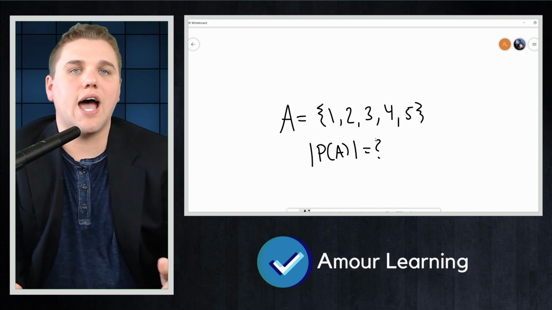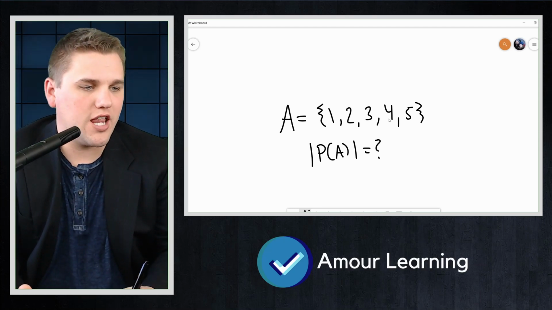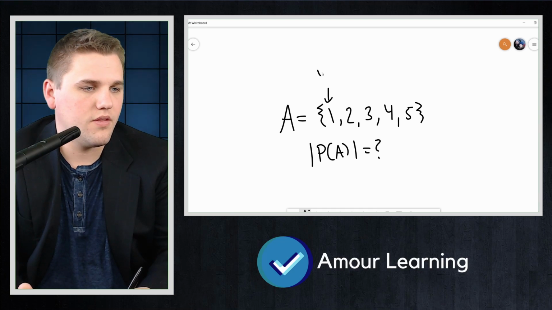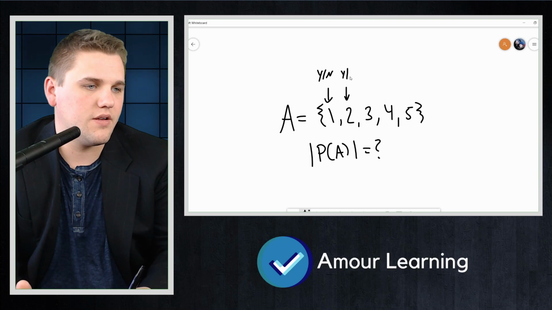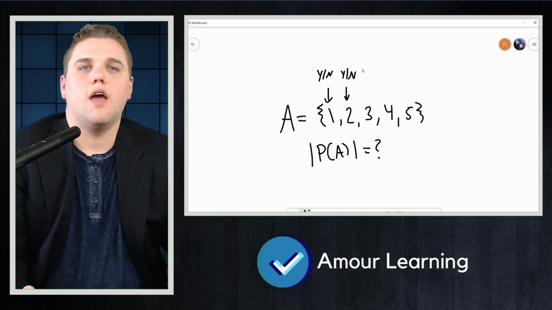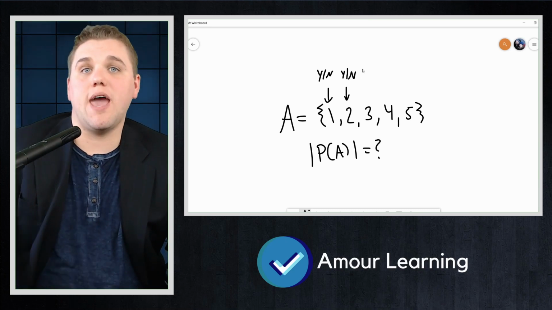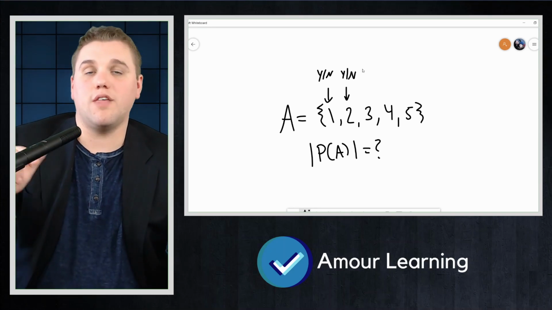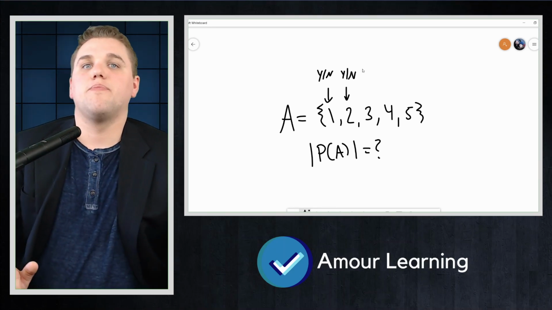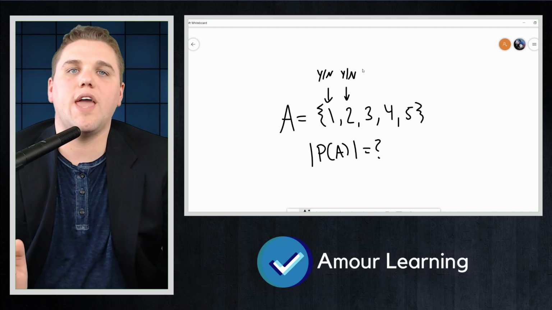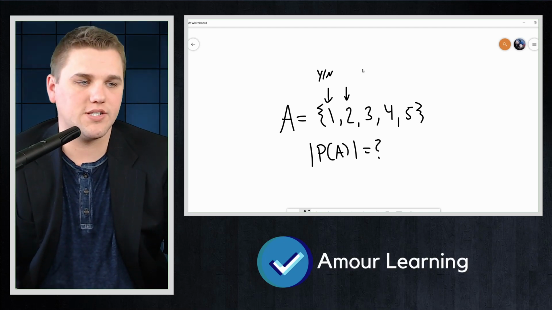So we need to decide yes or no for the first element, yes or no for the second element, and so on. For each of the 5 elements, we have 2 choices.